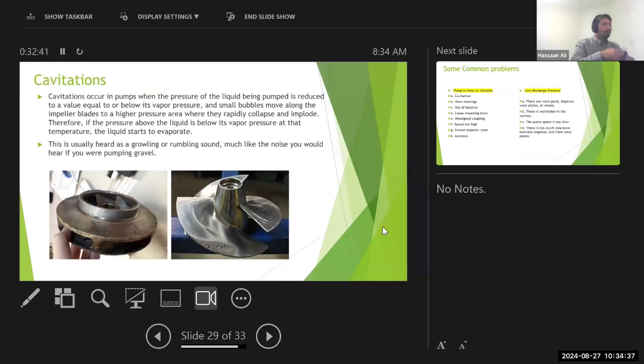One of the common issues that we see in centrifugal pumps is a phenomenon which we call cavitation. Cavitation is a phenomenon which occurs in the pump when the pressure of the liquid that the pump is trying to pump is reduced to a value which is equal to or lower than the vapor pressure. If the pressure of the liquid reduces below the vapor pressure, the liquid will start evaporating.